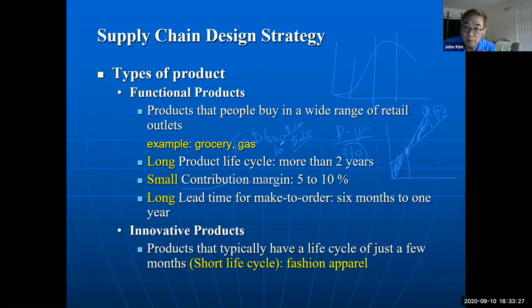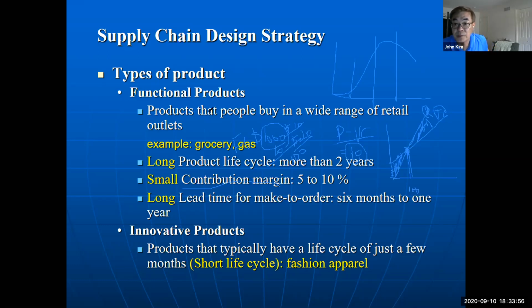So to offset all this fixed cost, the company should sell 1,000 divided by 10 is 100. So this point is 100. Must sell more than 100. Then after this point, this one is profit.